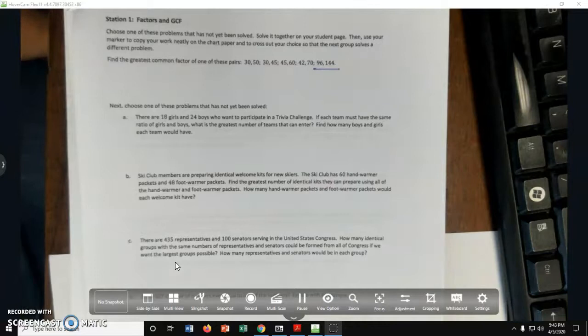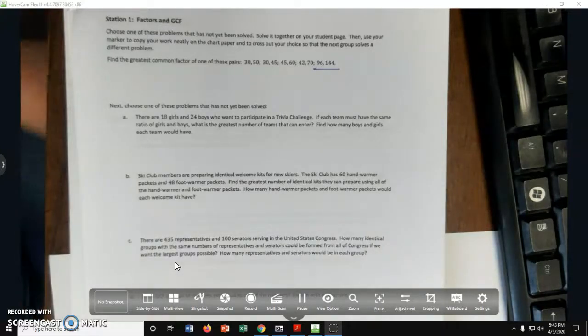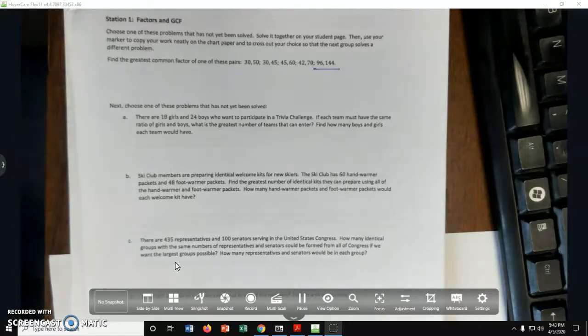So let's see. There are 18 girls and 24 boys who want to participate in a trivia challenge. If each team must have the same ratio of boys and girls, what is the greatest number of teams that can enter? We want the same ratio. So here we have 18 boys and 24 girls. Let's figure out what our ratio is to begin with.